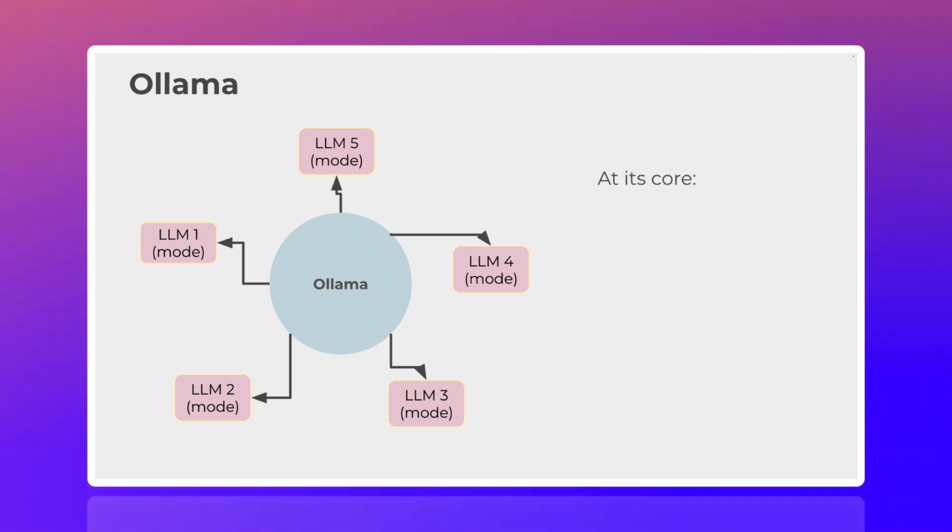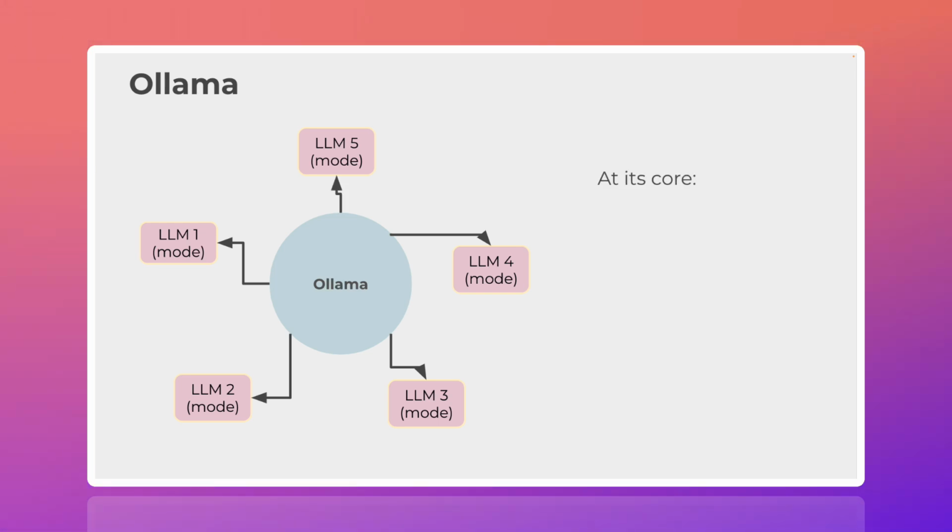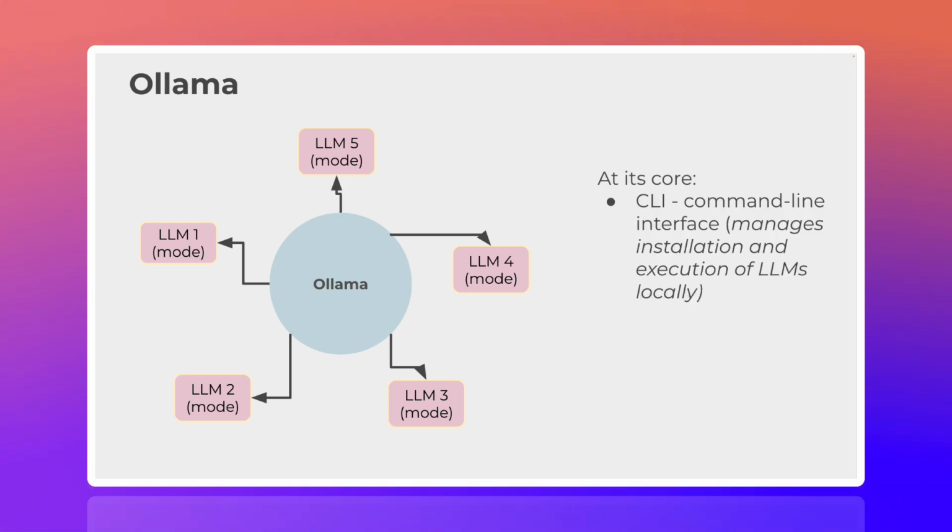At its core, Ollama uses what we call the CLI, which is Command Line Interface. What this does is it manages all the things in the back end, so the installation and also the execution of different models. But all of that, again, keep in mind, is all local.